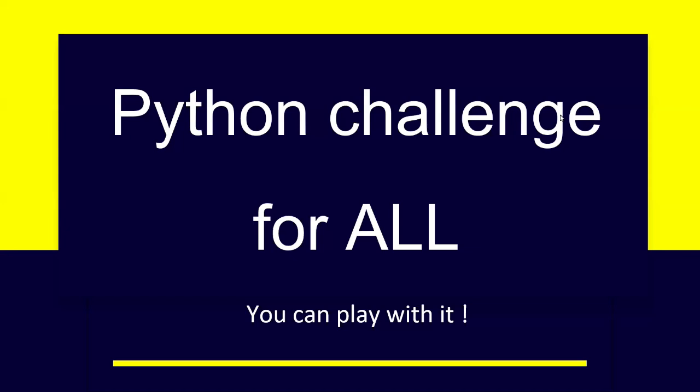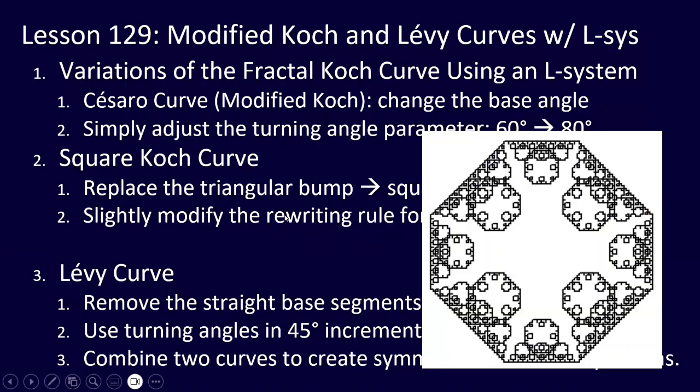Okay, so let's continue our work with L-system, Lindenmayer system. Last time, in lesson 129, we drew our variations of the Koch curve, like Cesàro or square Koch or Levy curve, using L-system.